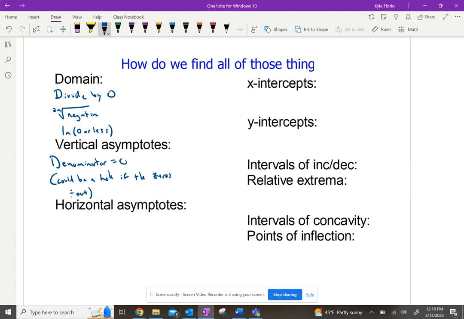Think of the limits, like the limit as x approaches 5 of (x plus 5)(x minus 5) over x minus 5. If I plug in 5, I'll get a 0 over 0 situation here. But if they divide out, there would just be a hole there. There would not be a vertical asymptote there.